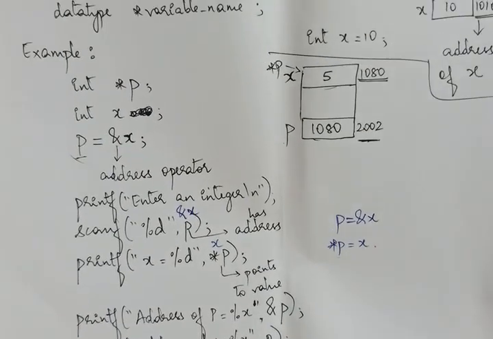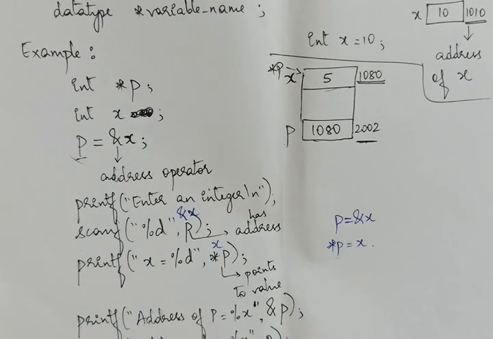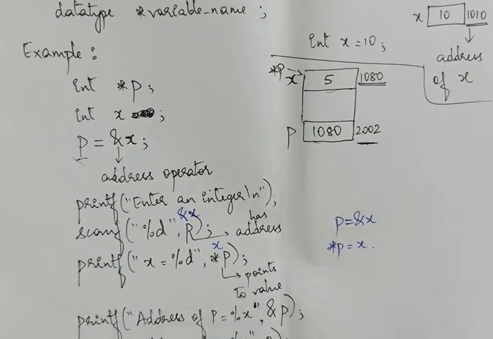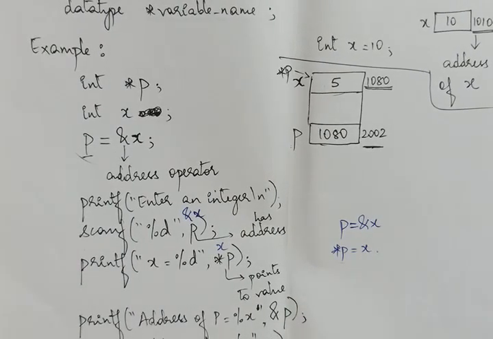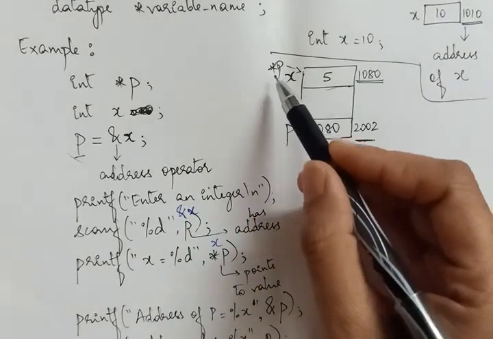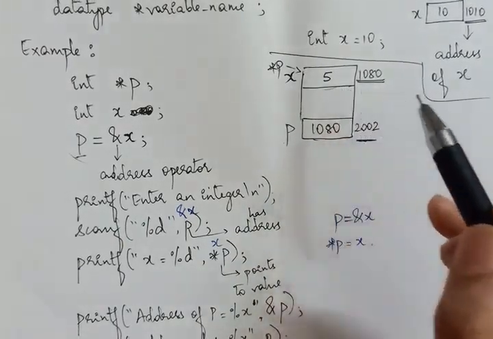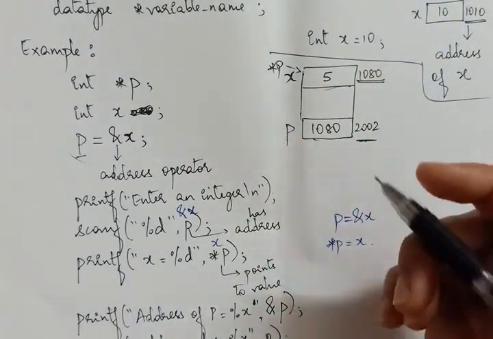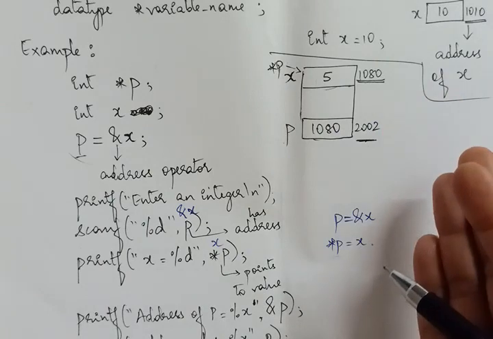So quick, just brushing up on the topic. Pointer is a special type of variable that can hold addresses instead of values. So a pointer points to another variable, and through the pointer you can access the particular variable's location and access the value that is stored in that location.